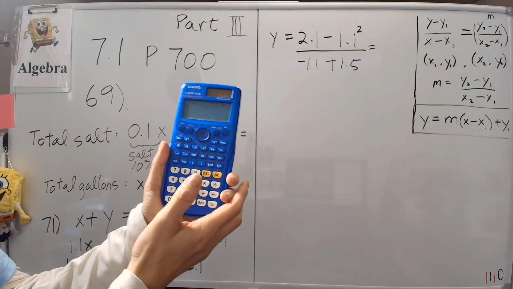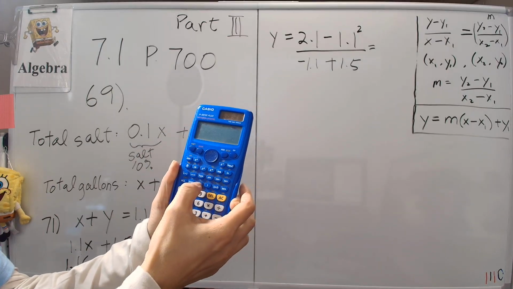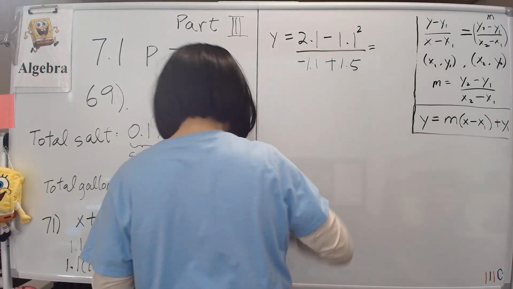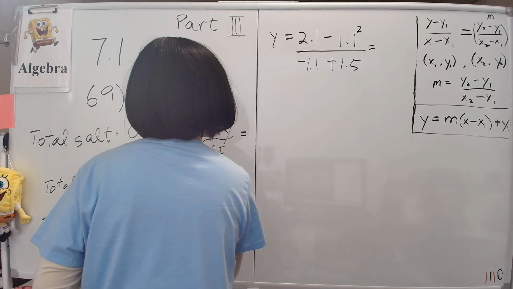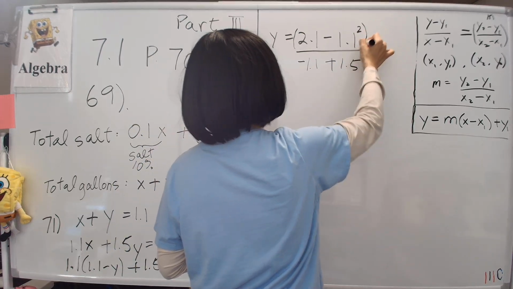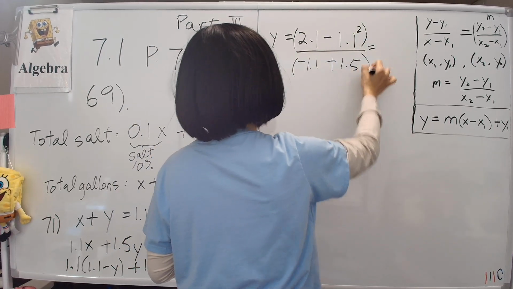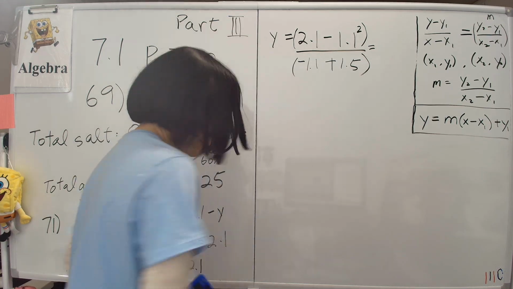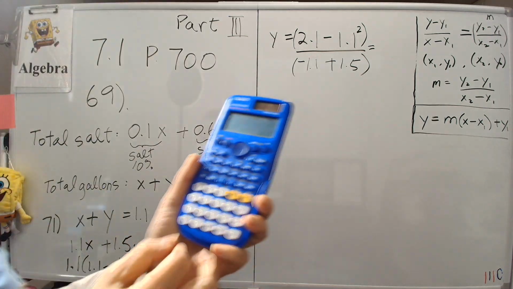Anytime you do division with a plus or minus sign inside, you absolutely must type in parentheses. Otherwise, the calculator will spit out garbage at you. Parentheses, please. Do not forget parentheses. Having done that, let's try again.